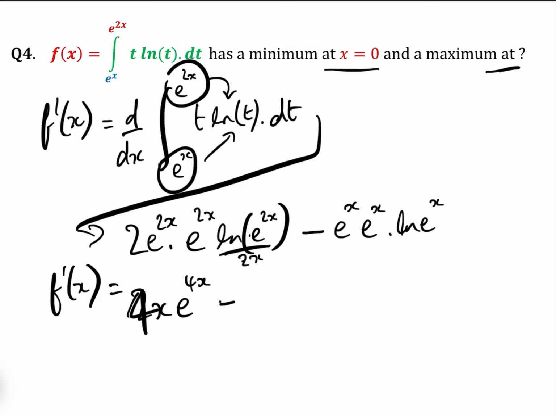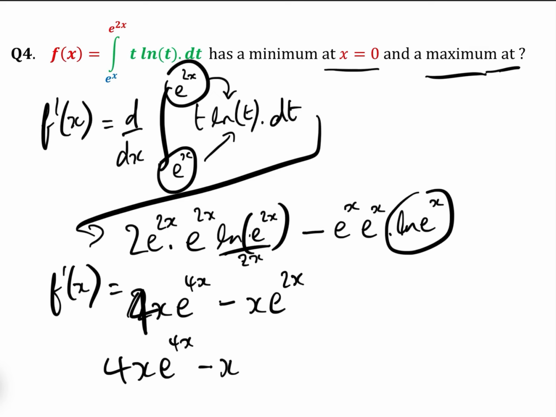Yep. Take away, and log of e to the power of x is just x, so that gives us x e to the 2x. Now, to find out a minimum or a maximum, the gradient f dashed of x has to be 0, so we have to look at when 4x e to the 4x minus x e to the 2x equals 0.